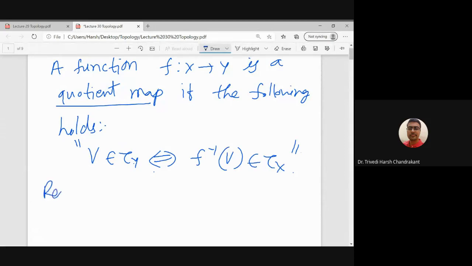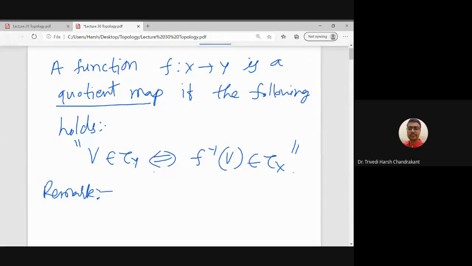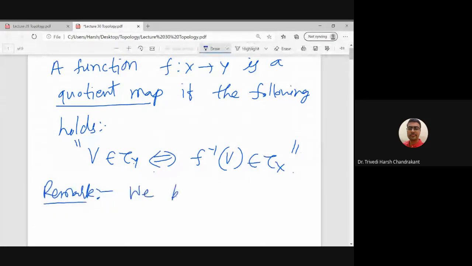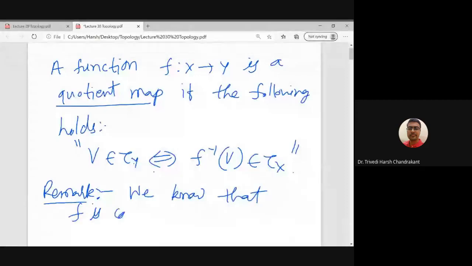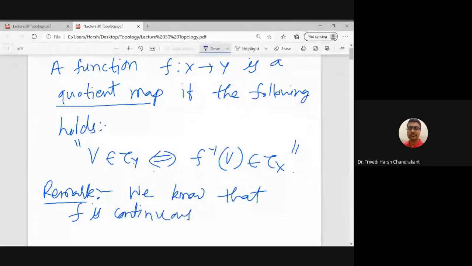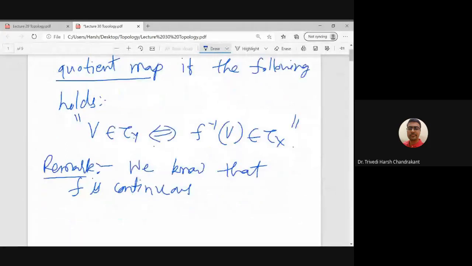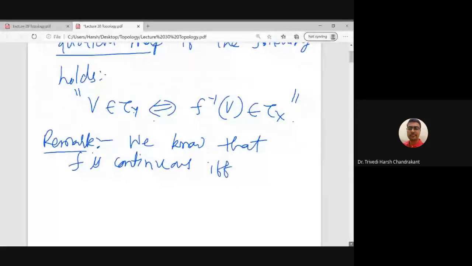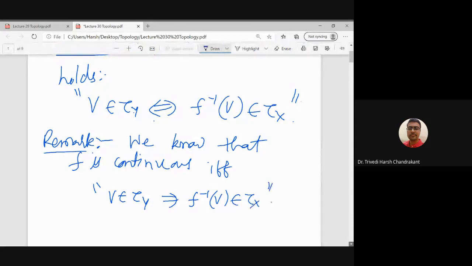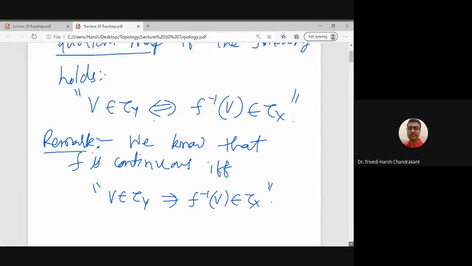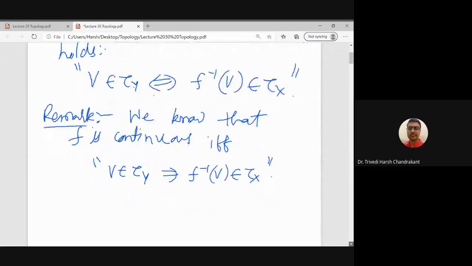So let us have a remark. We know that f is continuous if we have this property: V belongs to tau Y implies f inverse V belongs to tau X. If this property is satisfied, then f is continuous. So what is the difference between these two properties?